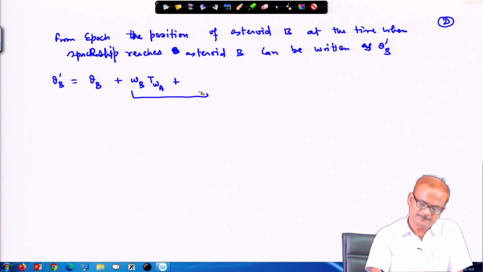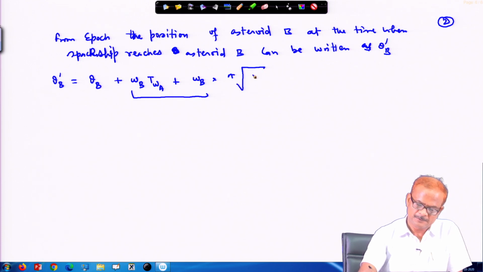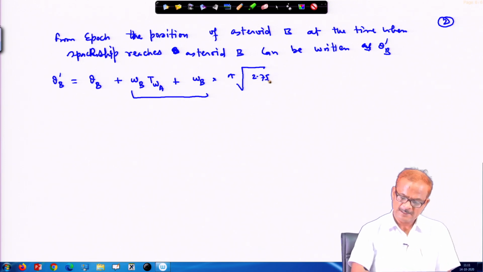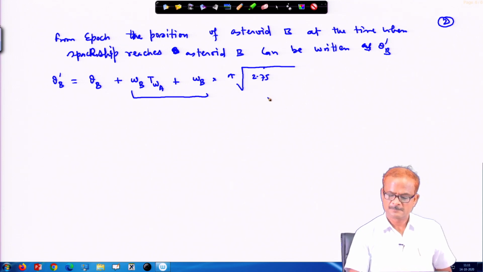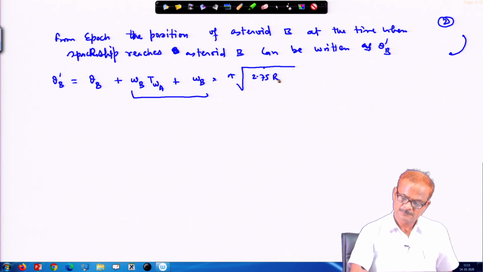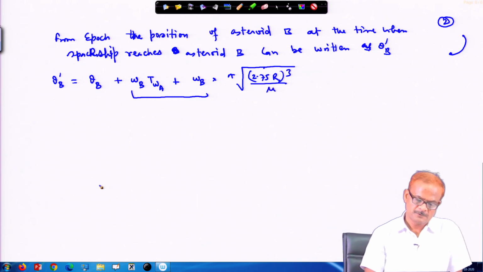So, the quantity which we are writing here, it will be delta theta B, omega B times pi under root 2.75. This is the time of flight of the vehicle from A to B. Okay. So, 2.75 r cube divided by mu.